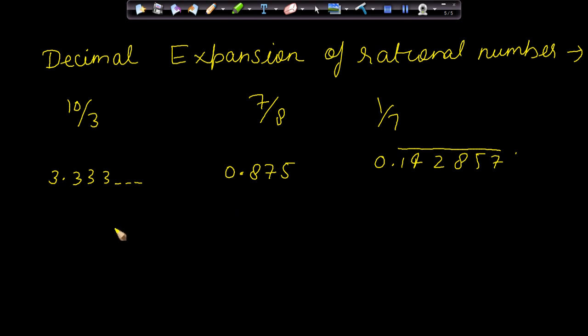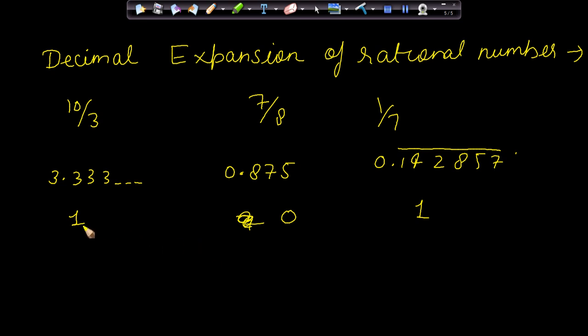This will carry on, and here remainder will be 1, remainder will be 7, remainder will be 1 if you don't convert it into decimal form. So from this, what you can find is, here remainder at last will become 0.